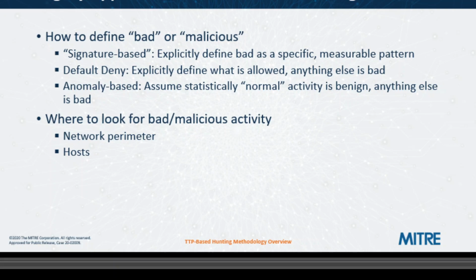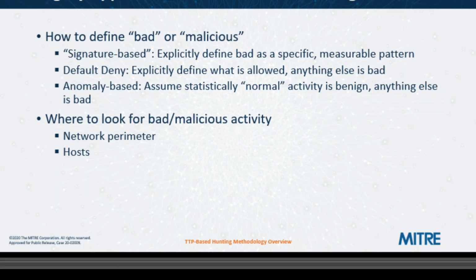One approach is often referred to as signature-based. In this approach, we try to explicitly define what we're looking for, or what's malicious, as a very specific pattern. This might be a string that you're looking for in a file, or a specific IP address or domain name.